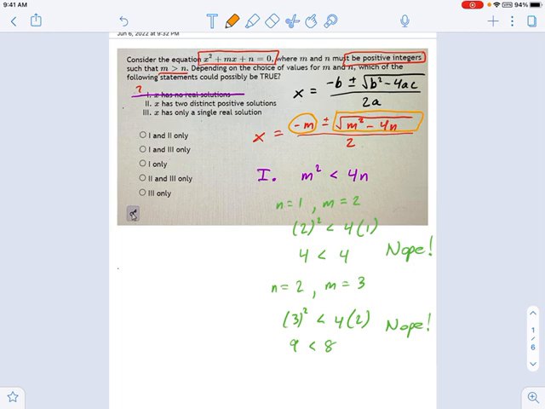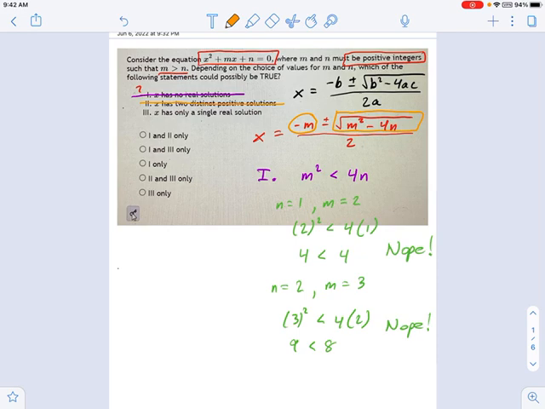A negative minus something is still negative. Whereas a negative plus something could be positive, could be negative, we're not sure. So there's no chance I'm going to get two positive solutions, right? That can't happen. And what we're left with here is x has only a single real solution.